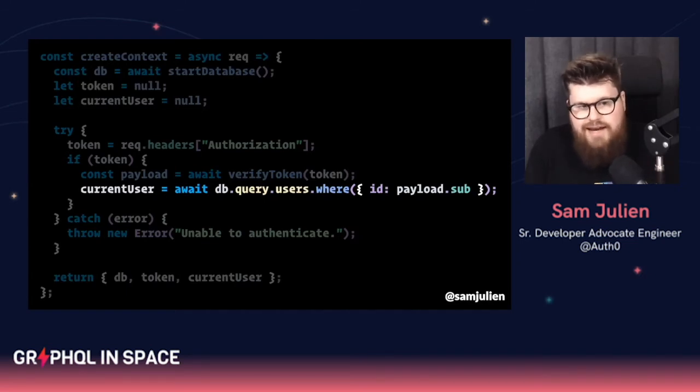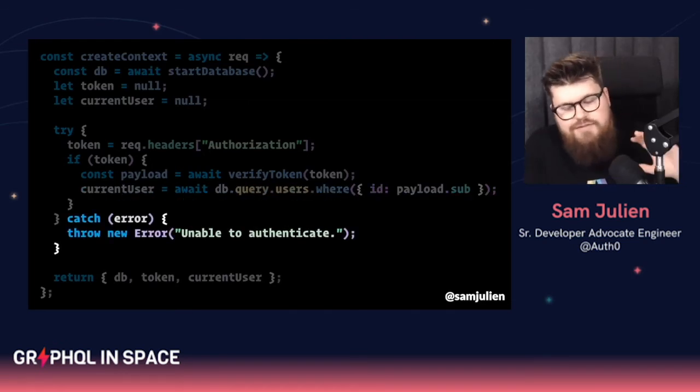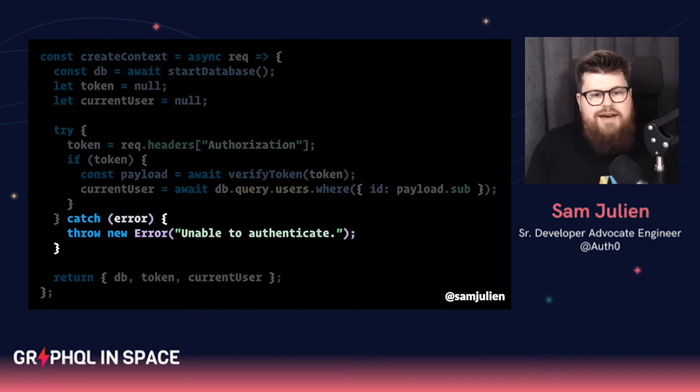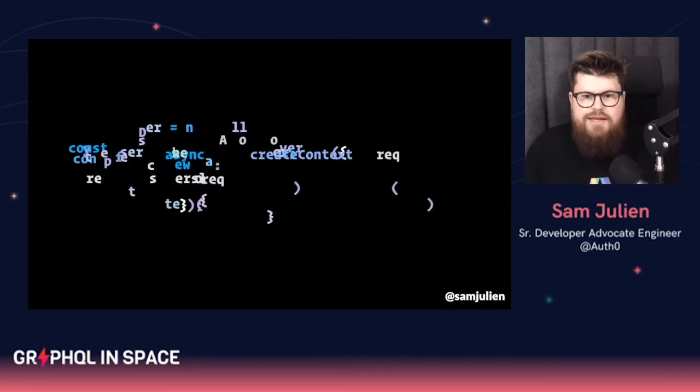And then we can add that to our context. So if we have an invalid token, maybe it's expired, maybe it's been hacked some way, we can just throw an error and say that we're unable to authenticate. And then we'll just go along, and now we have both the token and the user in our context.